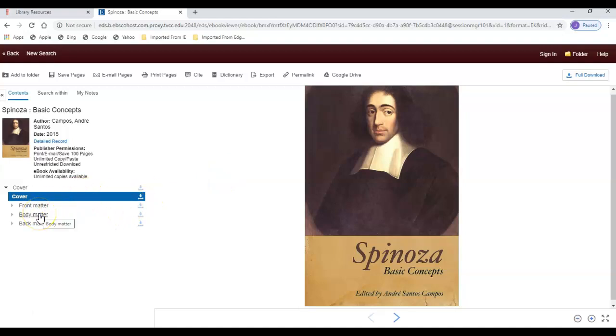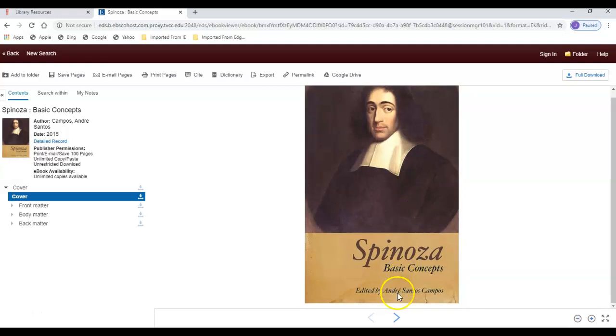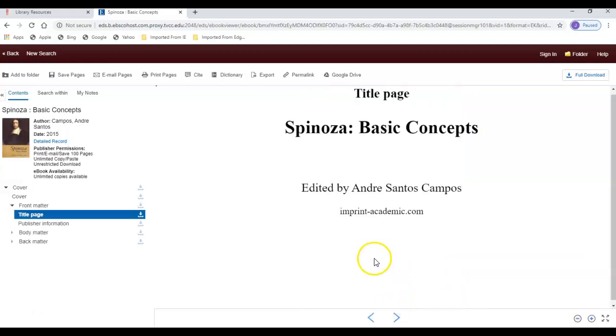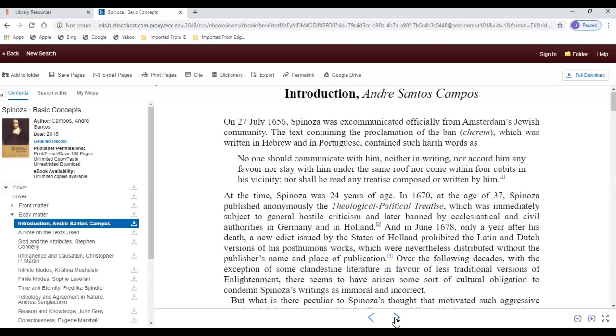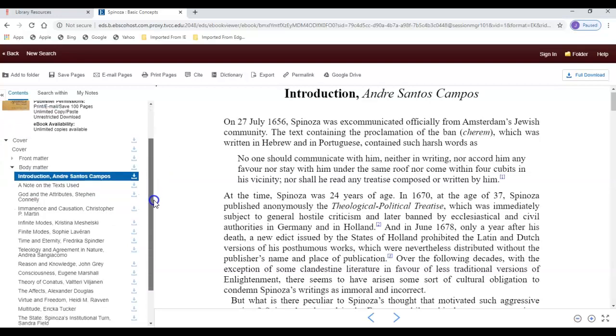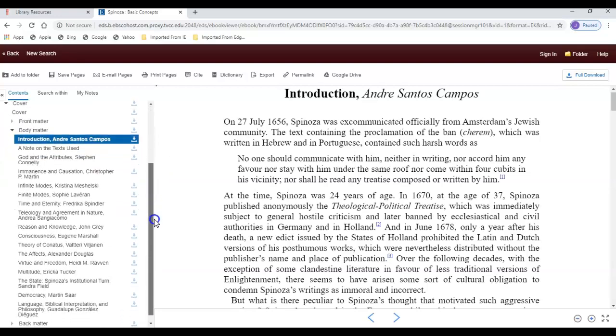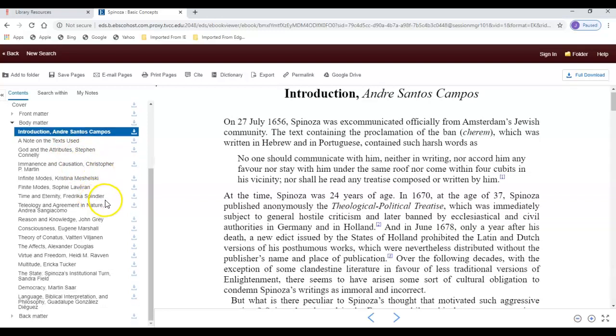You can again scroll through and go to the next page. And here are the different chapters. It's a series of articles, and you can look at these different articles as different sources.